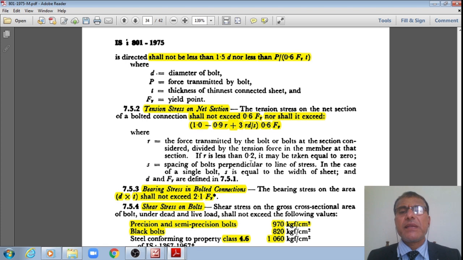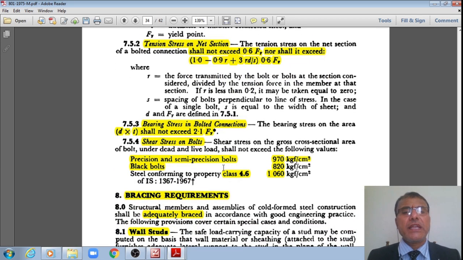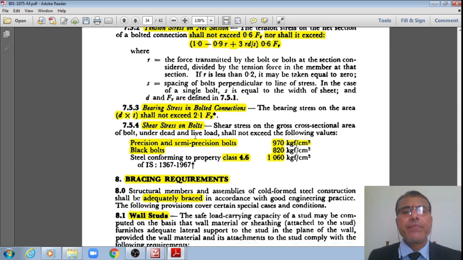If R is less than 0.2, then it may be taken equal to 0, and S is the spacing of the bolts perpendicular to the line of the stress. The next one is the bearing stress in bolted connections, shall be given by this formula D multiplied by T. The stress should be on the bearing area, D multiplied by T, and shall not exceed 2.1 multiplied by Fy.